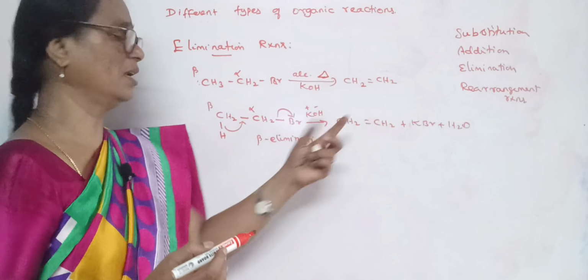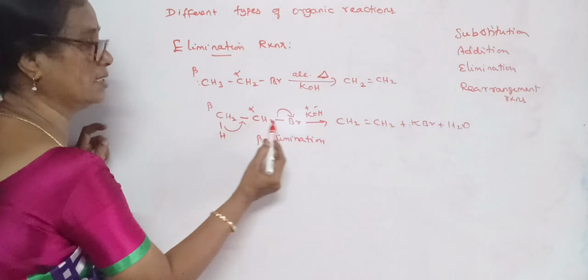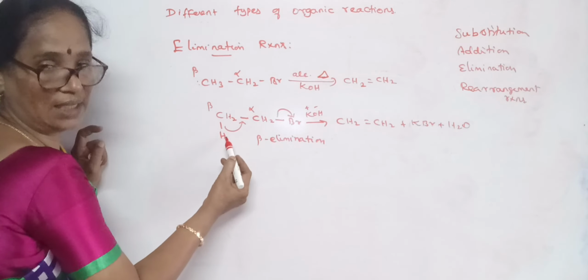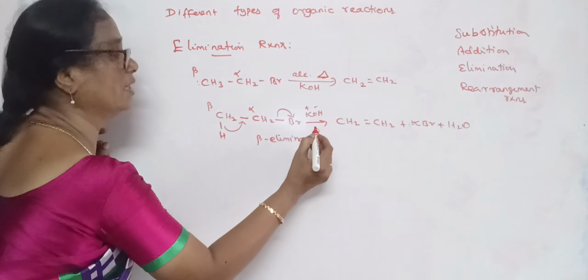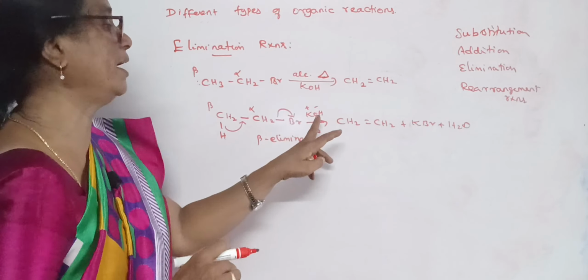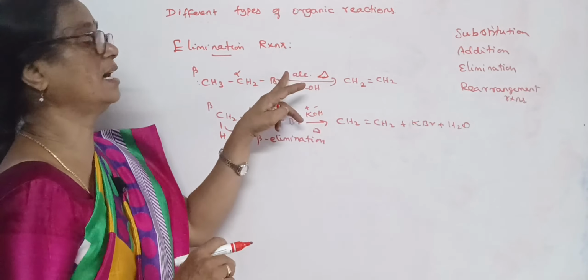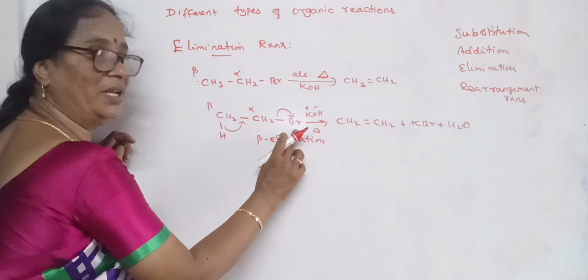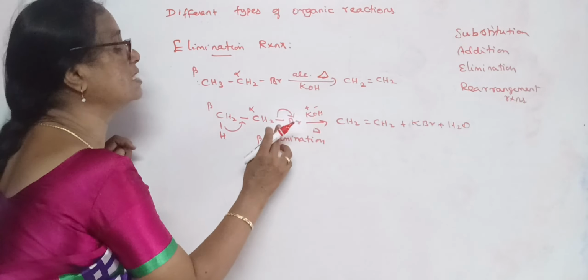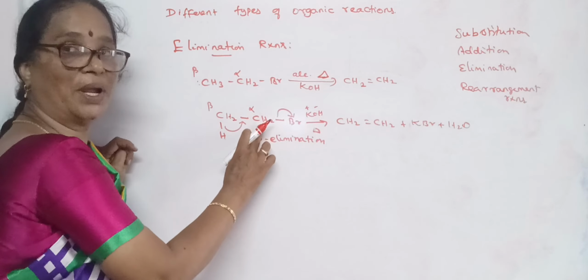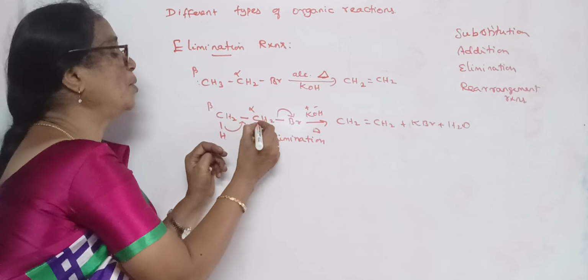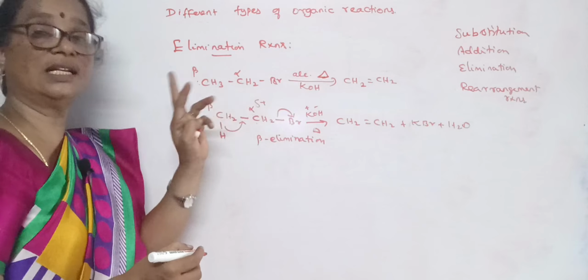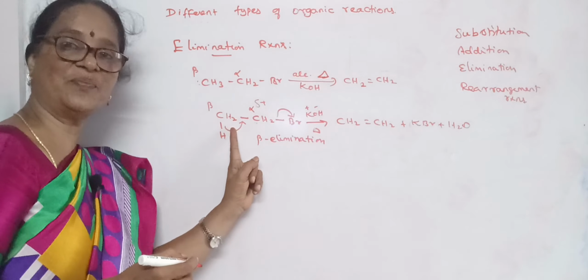How does it take place? See, I have taken CH2Br and the CH3, and one of the hydrogens I just projected out. It is heated with potassium hydroxide, an ionic compound, but taken in alcoholic medium. As bromine is more electronegative, it withdraws electrons from the adjacent carbon and develops a partial positive charge over this carbon, and this partial positive charge pulls another electron from the methyl group.